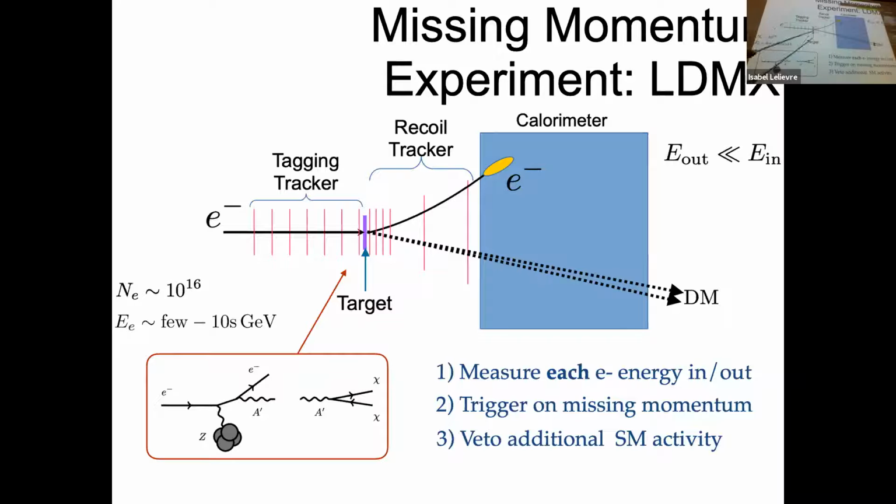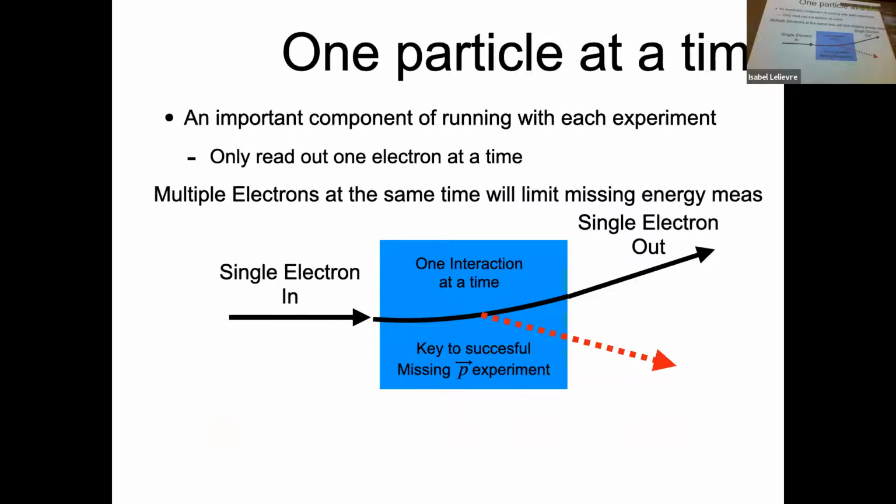And so if you have 100 electrons going in at a time, you will have a busy event, and you won't be able to necessarily separate out all the 100 collisions. So you actually have to configure your beam in a special configuration where you go one electron at a time, or a few electrons at a time. They're studying one electron at a time now, but they're trying to see if they can do a few at a time. I'm trying to convince them.